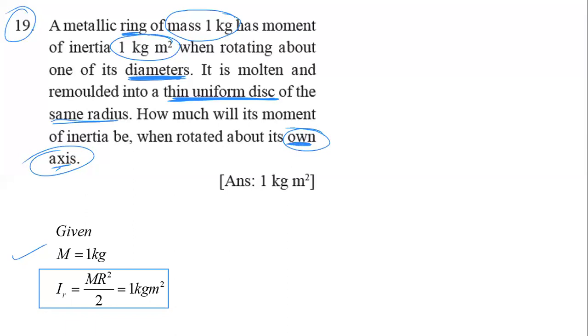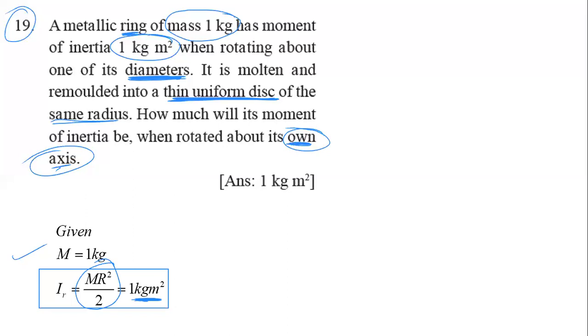Now pay attention here. Mass is 1 kg, moment of inertia is 1 kg meter square. Radius is not given here, but they given the moment of inertia. This mr square by 2 is 1 kg meter square. This is the moment of inertia of ring about diameter.